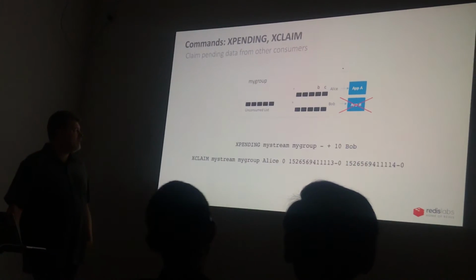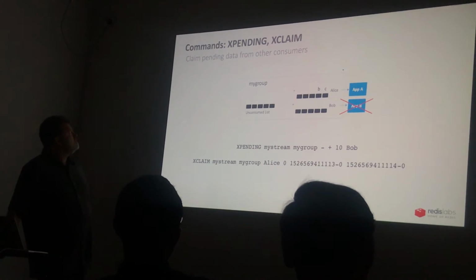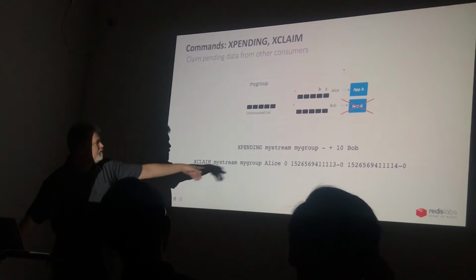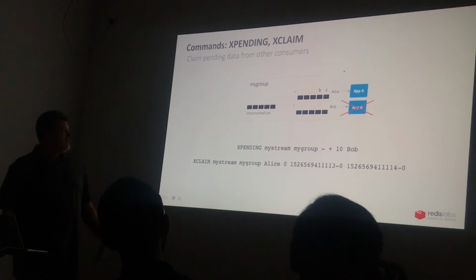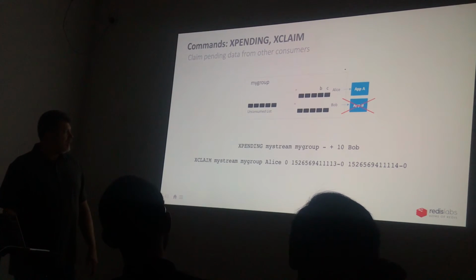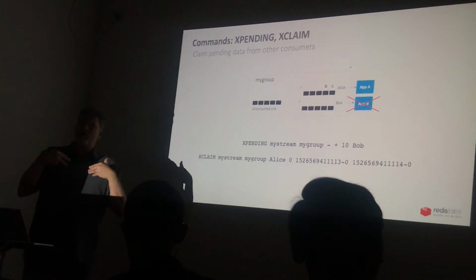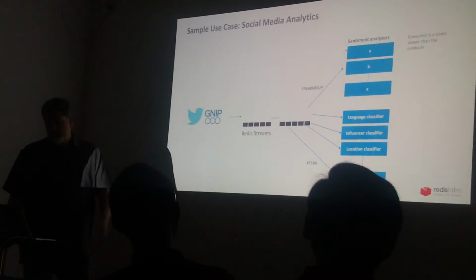Okay, so that's how you claim: XPENDING, XCLAIM. So I'm going to XCLAIM from a group, a range, anything in that range that's pending, I would like to claim. So it's basically taking over as if it read it for the first time. Okay, so I did my demo.